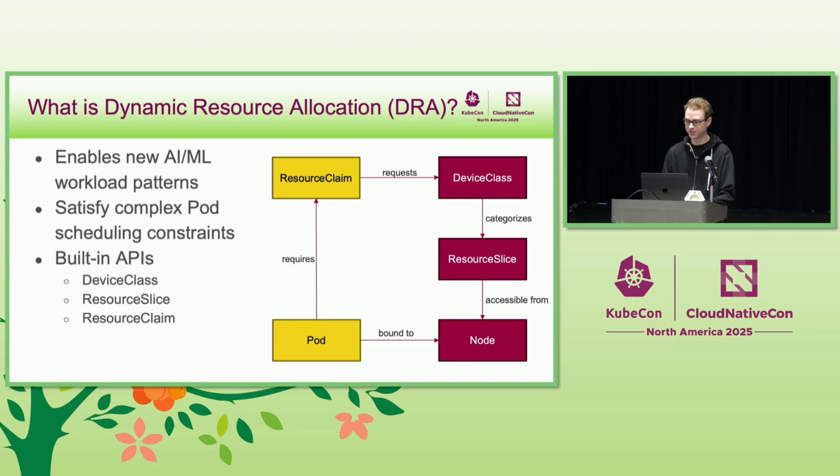So we have resource slice objects, which describe what resources are available in a cluster, resource claim objects, which describe what resources a pod requires. And the Kubernetes scheduler matches those resource claims to devices in resource slices to ultimately assign pods to nodes. Overall, this pattern is very similar to persistent volumes and persistent volume claims.